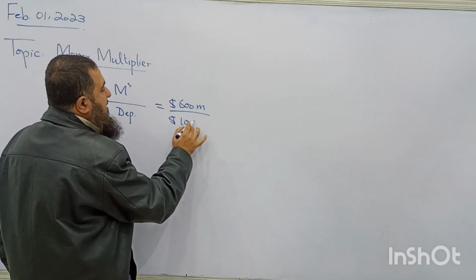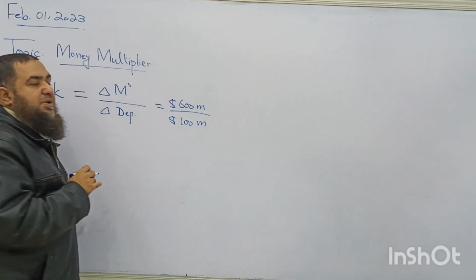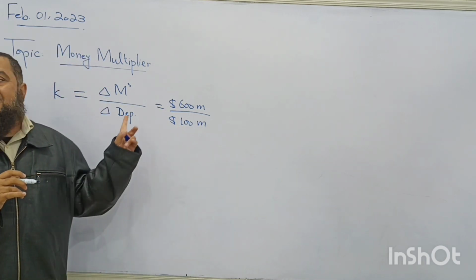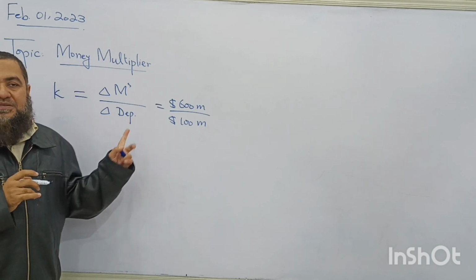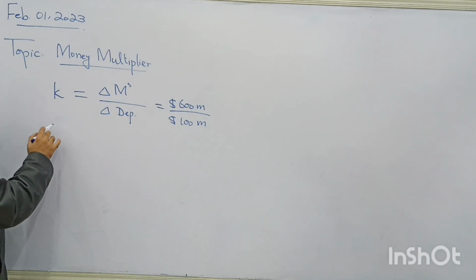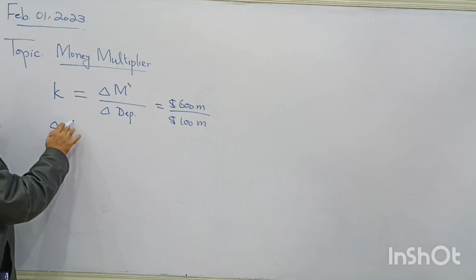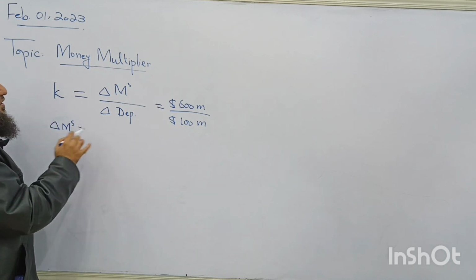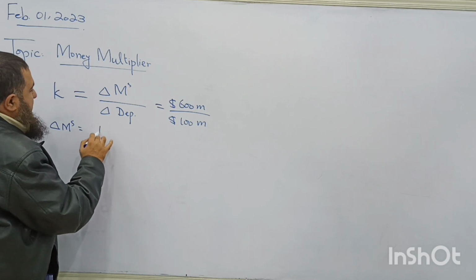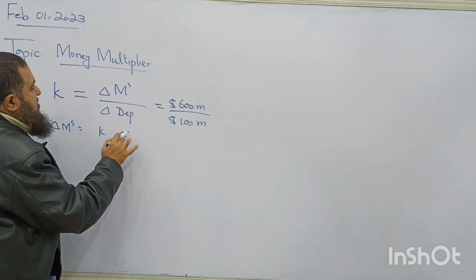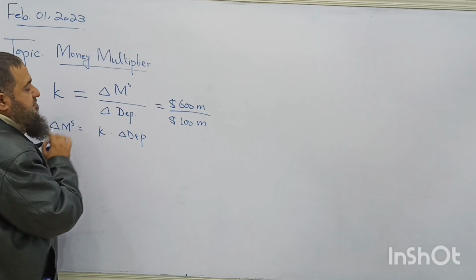Deposit is 100 million. So how many times has the money supply increased? 6 times. So what is the value of the multiplier? 6. Can I say over here the change in money supply is equal to K multiplied by the change in deposits?